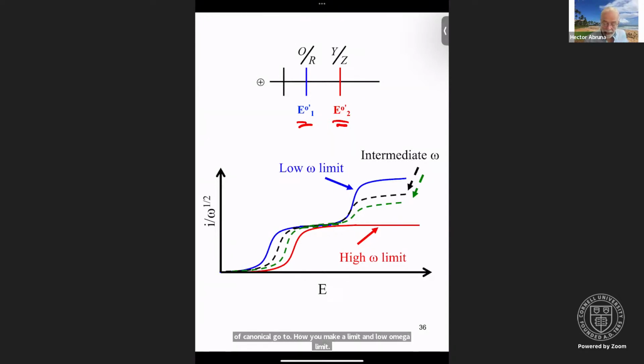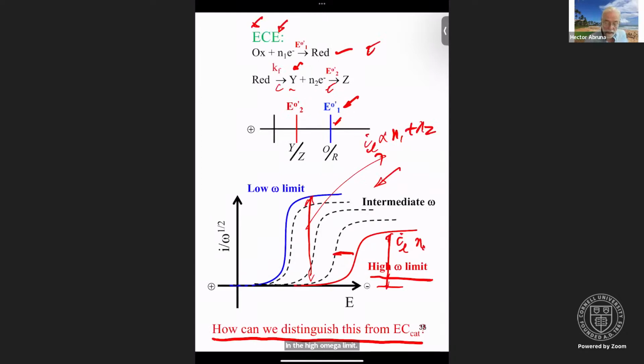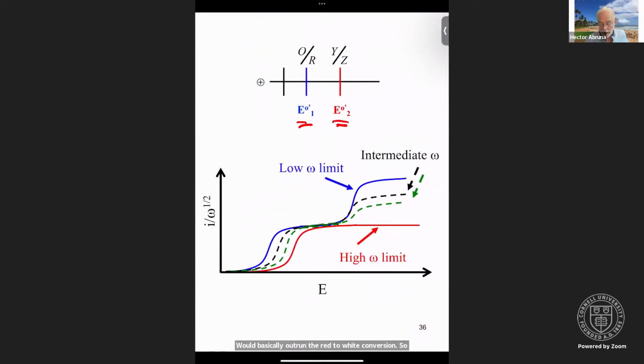In the high omega limit, we basically outrun the red to white conversion. So we don't make any, or at least in the time frame of the transit time, it's basically undetectable. And so we would see a profile like shown in the red line here.